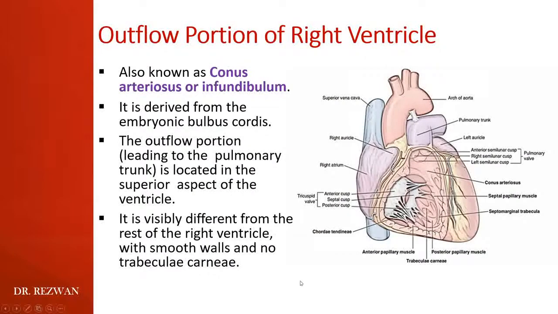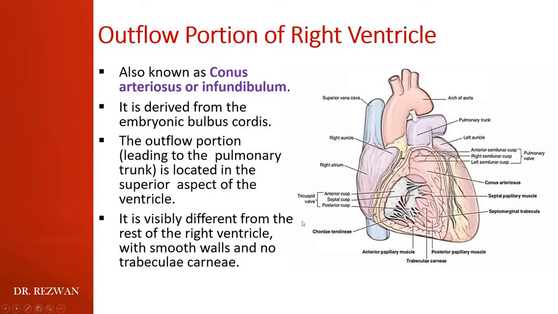Now the outflowing portion of the right ventricle. We know that the outflowing portion is smooth. It is also known as conus arteriosus or infundibulum. Over here we can see it is derived from the embryonic bulbus cordis. The outflow portion leading to the pulmonary trunk is located at the superior aspect of the ventricle. Obviously we can see it is the superior aspect of the ventricle and it is going into the pulmonary trunk.